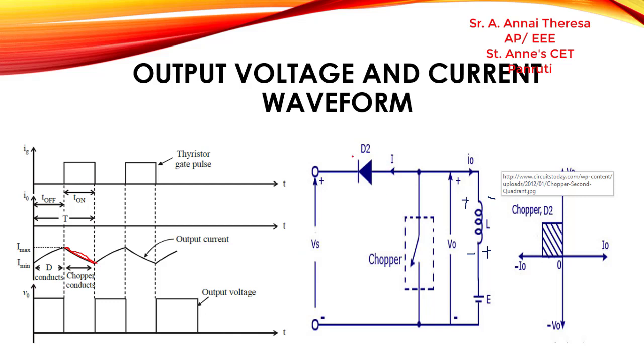Because of this, the diode will be forward biased, and the inductor will discharge its current from negative to positive. So the current flow will be like this. This diode will be forward biased, so the current path will be like this.